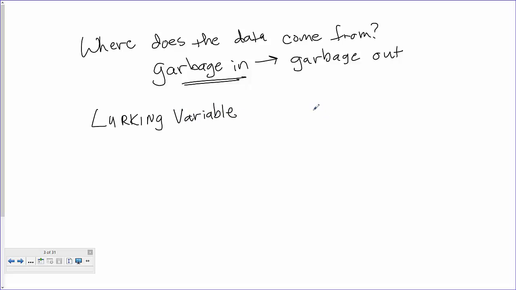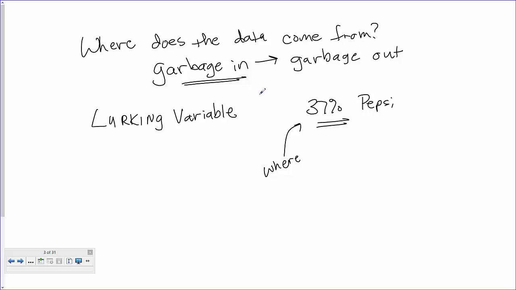If I ask a random group of 100 people, what's your favorite soft drink, and 37% of them say Pepsi, why did 37% say Pepsi? Was it a truly random sample, or was there another variable that was affecting it? Things like, where are they from? If you're from Atlanta, you're probably not going to answer Pepsi because it's a Coke area. Or if you're from Texas, you just say Coke.